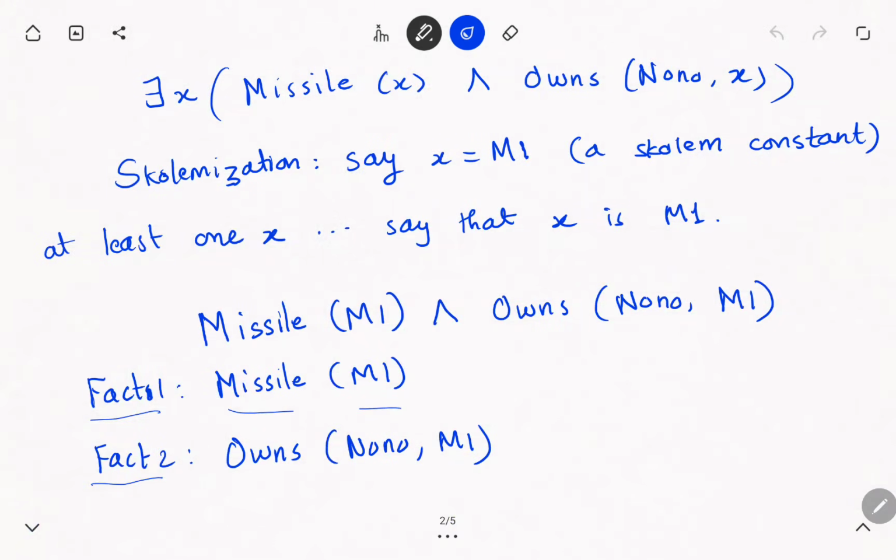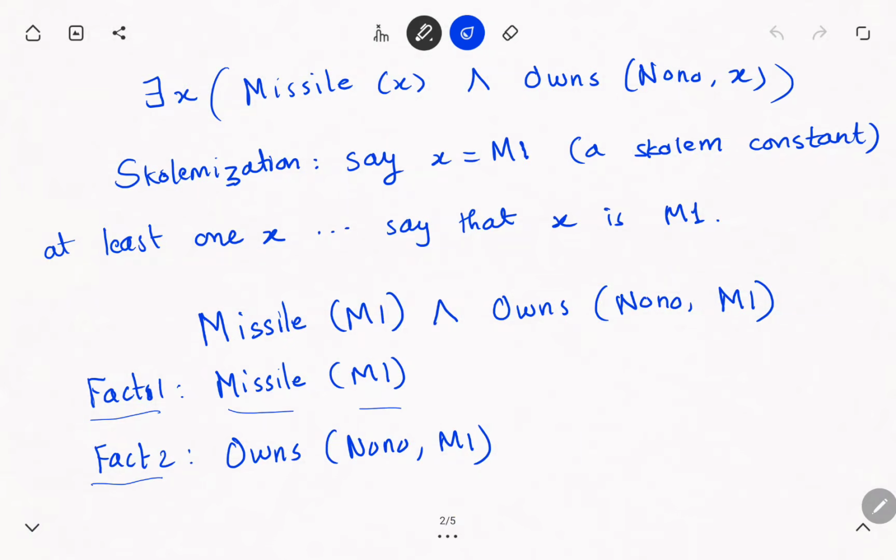I could have started with Skolemization first, and these would have been the initial facts. So I can start at any point. The only thing is when you are combining two rules together, just make sure that you are able to apply modus ponens.